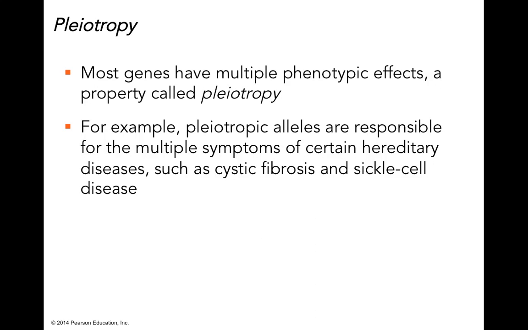So, for example, in hereditary diseases such as cystic fibrosis and sickle-cell disease, having those diseases means you've got a number of different symptoms. And those symptoms can seem like they're all unrelated to each other. However, it's all going back to one gene.